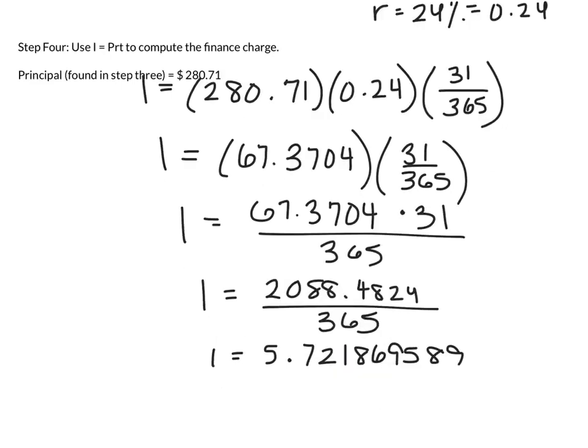I is the amount of interest, or in this case, the finance charge, which is a monetary amount. Therefore, we need to round to the nearest cent, or 2 decimal places. So I equals $5.72, and this is our final answer.